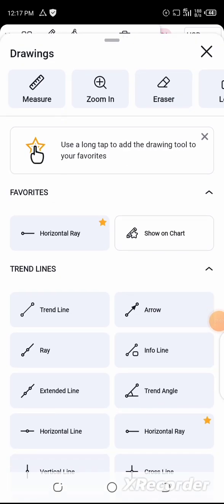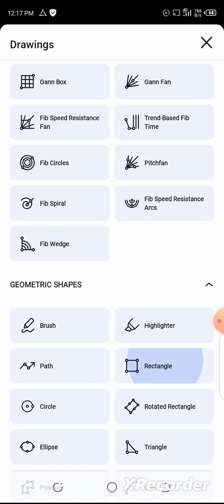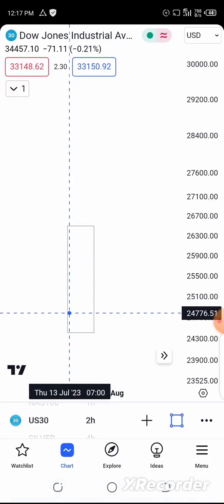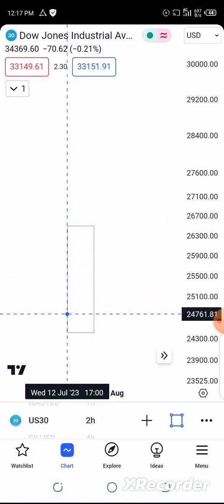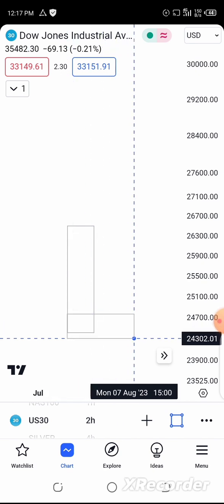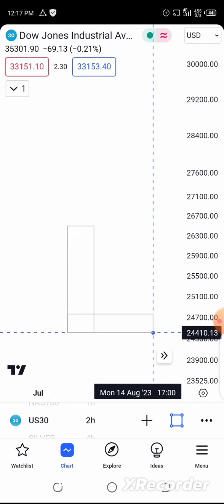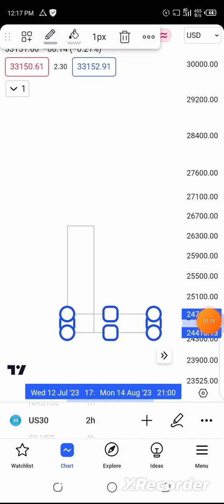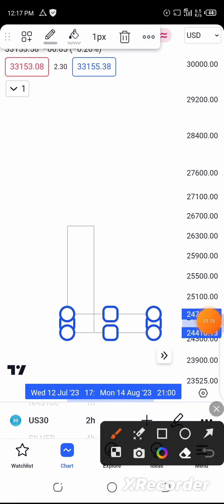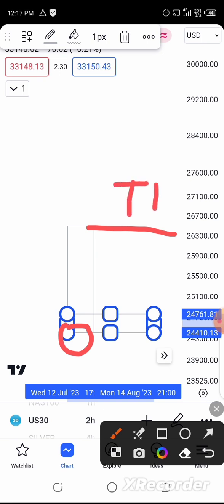Then you would want to find the demand zone, your S&D, supply and demand zone, that's responsible for that impulse, right? And this low will be a protected low, and this will act as your take profit, your liquidity target, right?